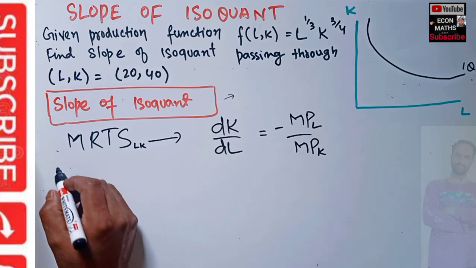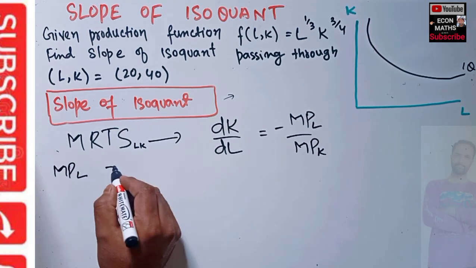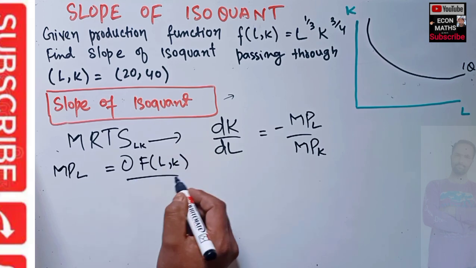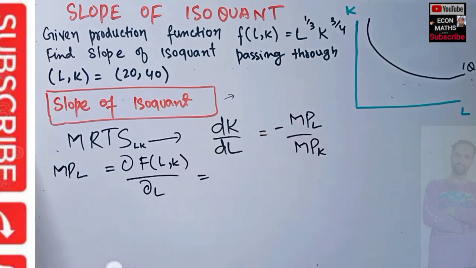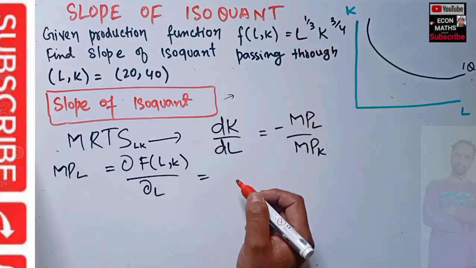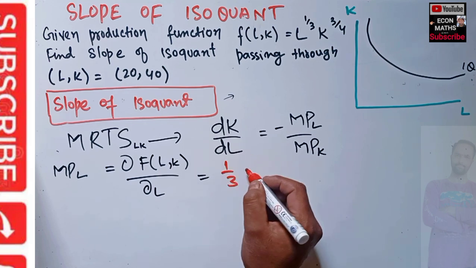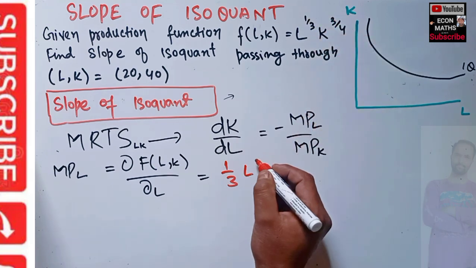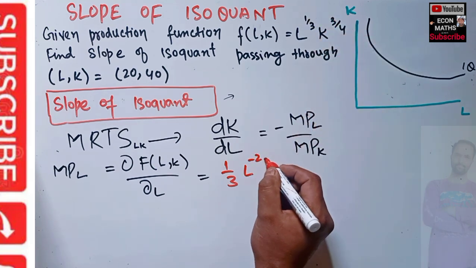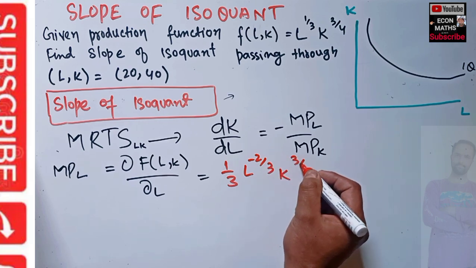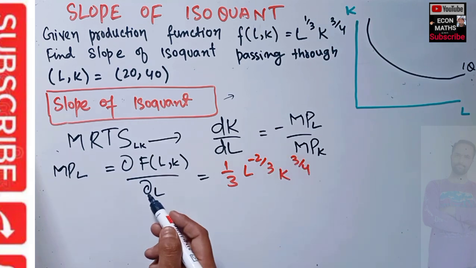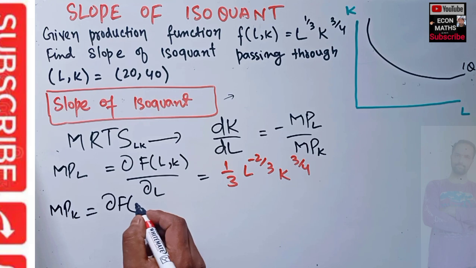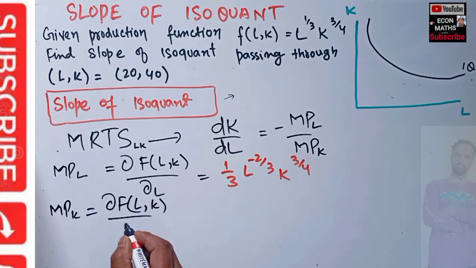So what is MPL? MPL is simply the partial derivative of the production function with respect to labor. This is our production function. Its derivative with respect to L will be 1/3 times L to the power 1/3 minus 1, which is minus 2/3, and K to the power 3/4 will remain the same because we are taking the partial derivative with respect to L. And MPK is simply the partial derivative of the production function with respect to capital this time.